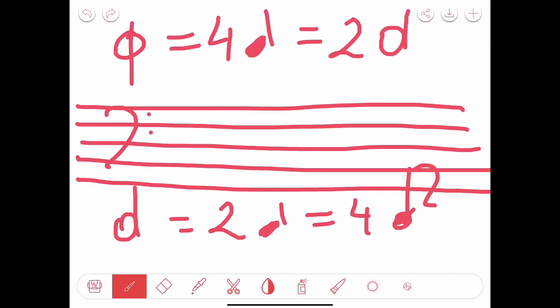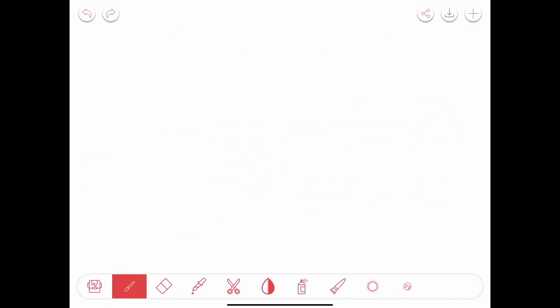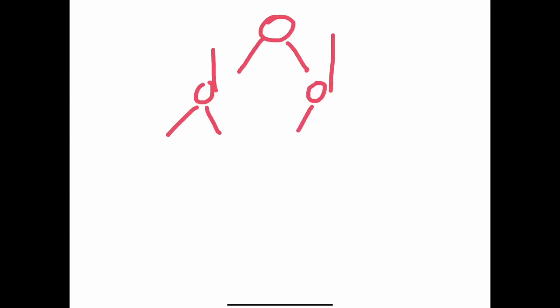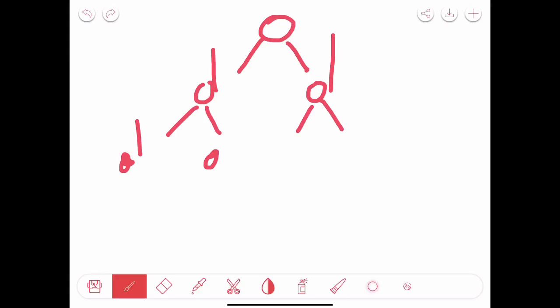Eighth notes have a stem and a flag. Here is your hierarchy of notes. You have a whole note that divides into two half notes, and each one of them divides into a quarter note.